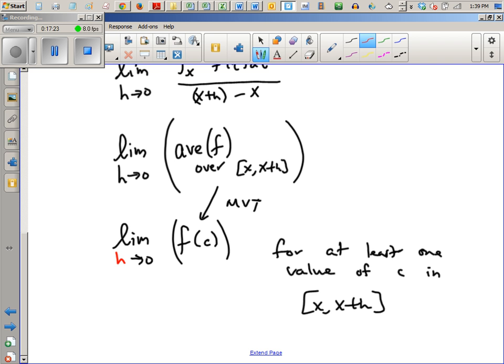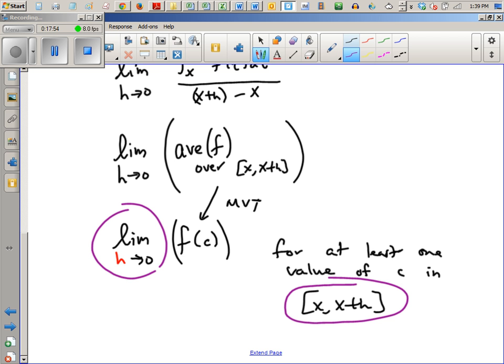Okay, now, this means that somewhere between x and x plus h, there's a value called c. But if we let h go to 0, what happens to this interval here? What happens to the domain x to x plus h, if h is shrinking all the way to 0?